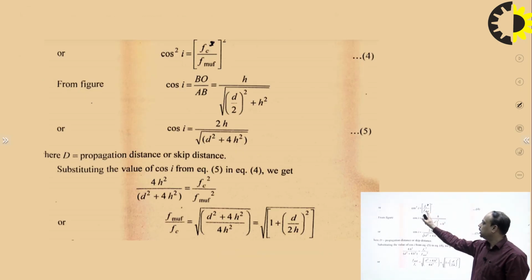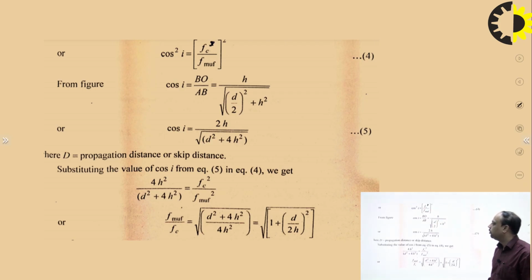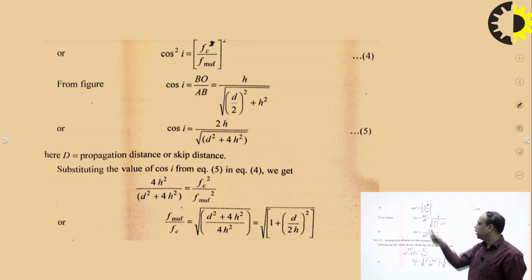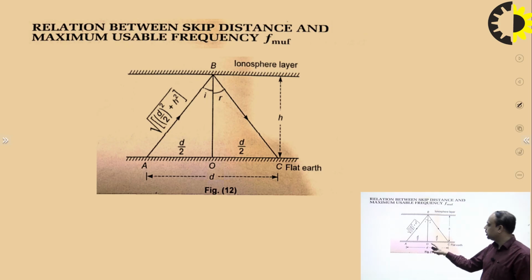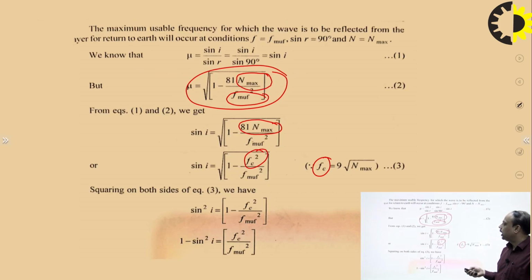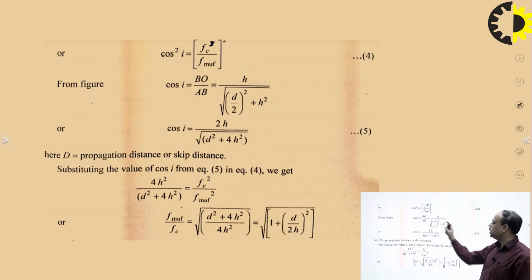Cos squared I, then if we want to calculate MUF, take the square root: cos I is equal to FC upon F MUF. But cos I is also represented with this formula, that is BO upon AB, or OB upon AB for cos of I. And then cos of I is equal to H upon the square root of (D by 2) whole squared plus H squared.